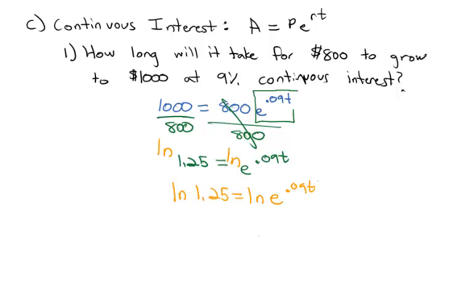And what's nice about this is the 0.09t is going to come out front, and the natural log of e, remember the base of natural log is e, and so those undo each other. So we just have the exponent 0.09t, the natural log of e is gone, equal to the natural log of 1.25. Quickly get t alone by dividing by 0.09 on both sides.